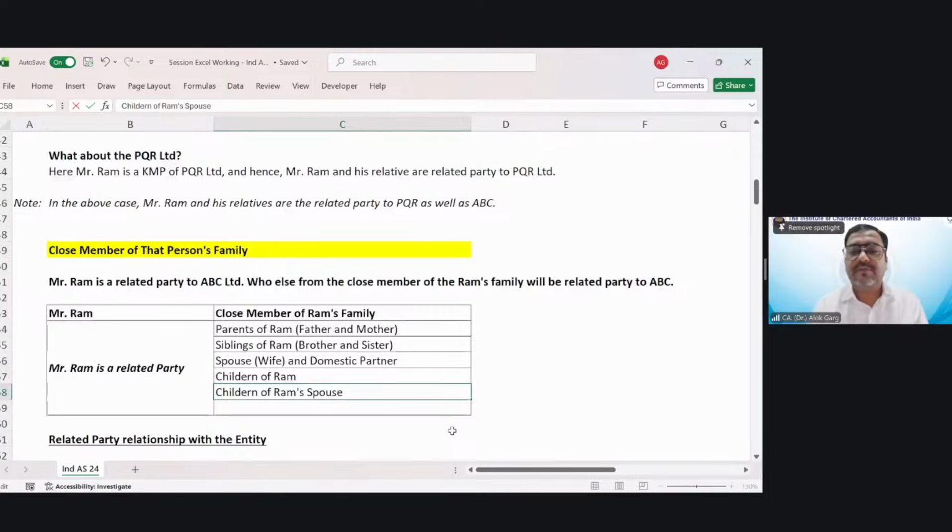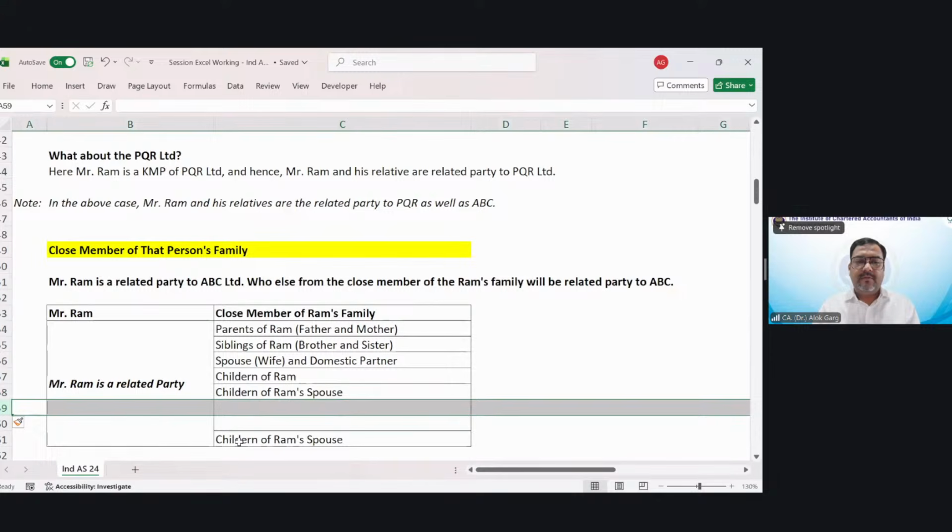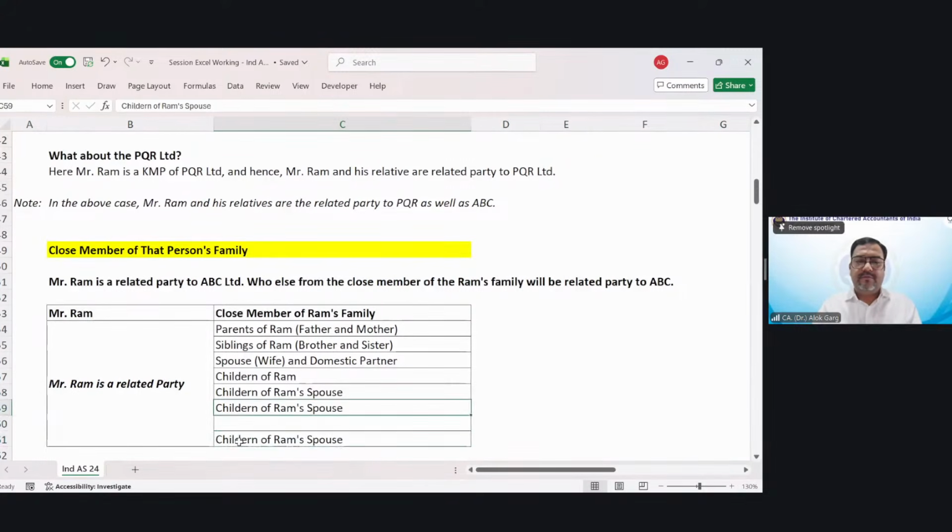Children of Ram's spouse. Children of domestic partner. Children of Ram, children of Ram's spouse, children of domestic partner, right?